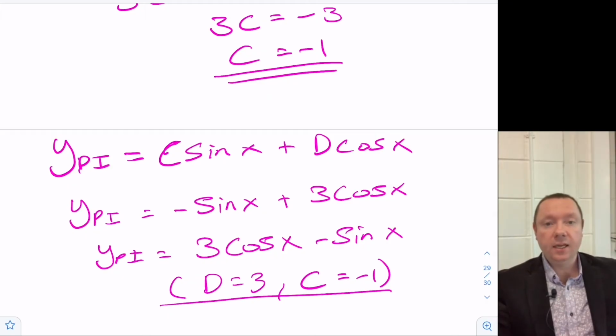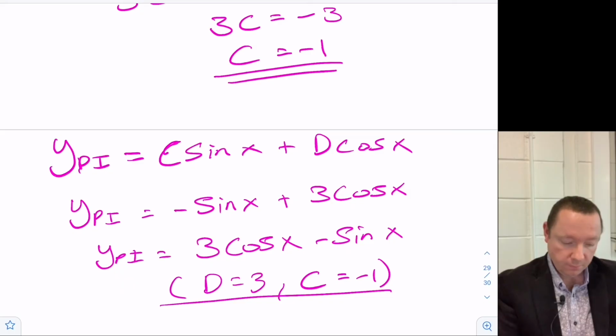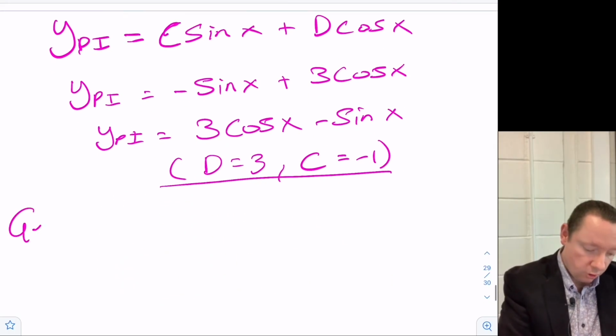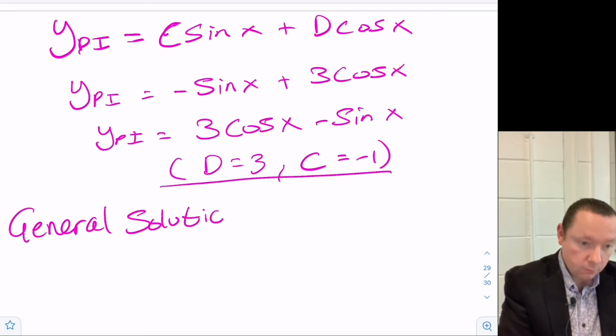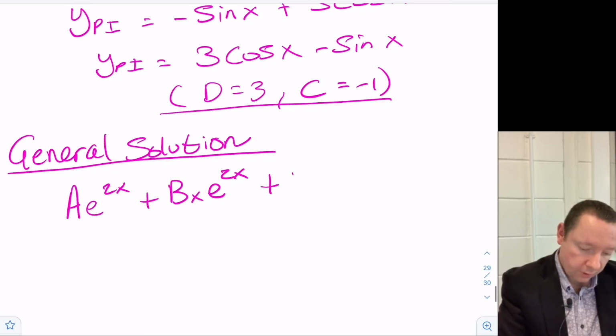Okay, we've got our particular integral. We just need to now find our general solution by adding on our particular integral to our complementary function. So for our general solution, plus 3 cos x now, minus sin x.